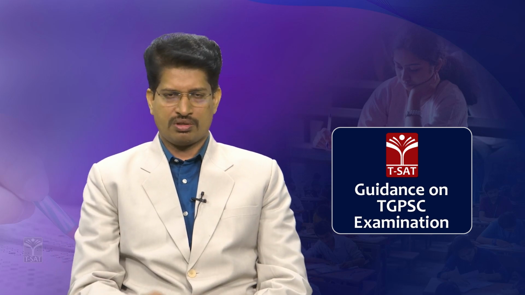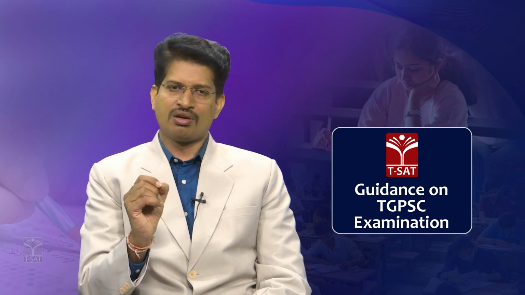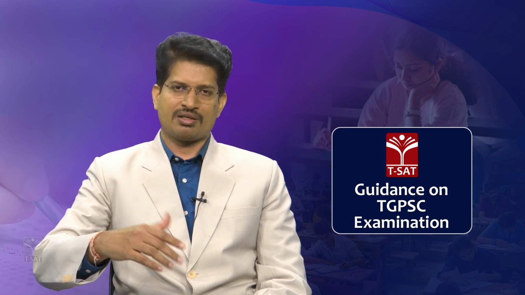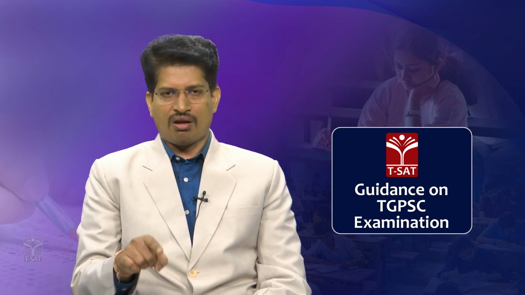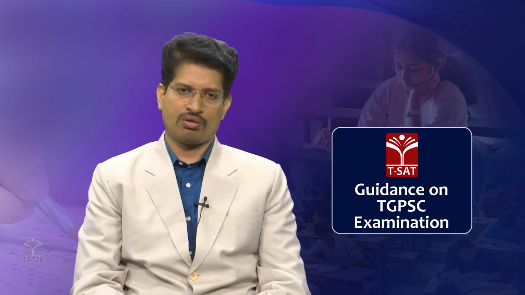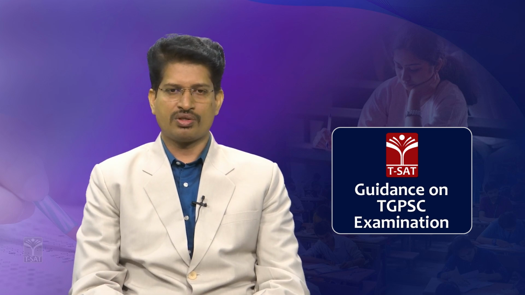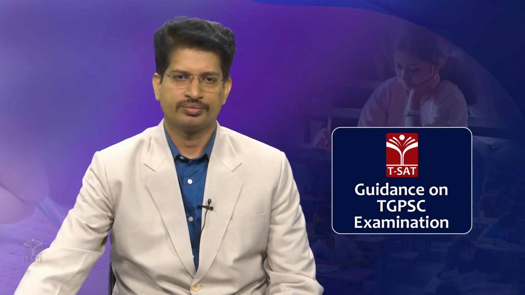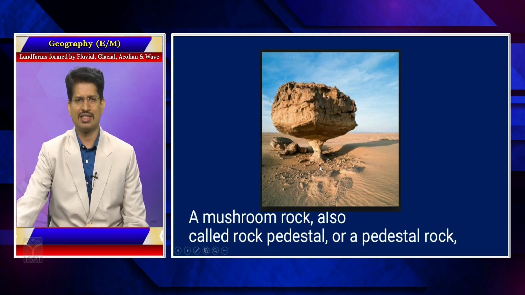In this process, a substantial amount of gravel or sand which is rolling and somersaulting strikes the rocks at the lower level more. Because of this process, for example, the rock which has been shown to you is a mushroom rock, a structure which is the result of Aeolian erosion, also known as wind erosion.